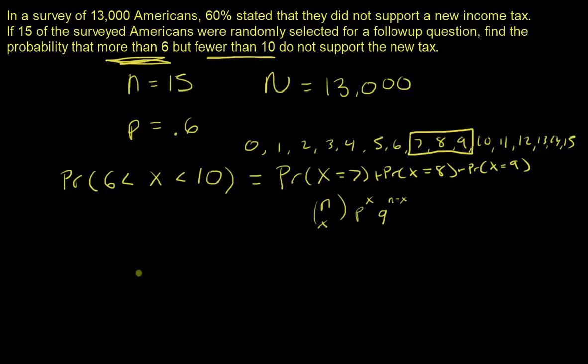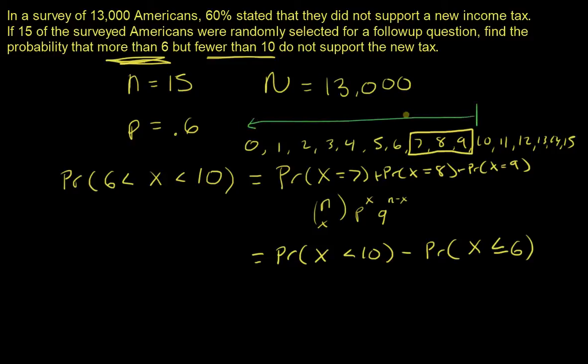All right, so remember the binomial table is going to tell us probability less than, right? CDFs tell less than probabilities. So let's rewrite this. The probability that x is between 6 and 10 is the same thing as the probability that x is less than 10 minus the probability that x is less than or equal to 6.